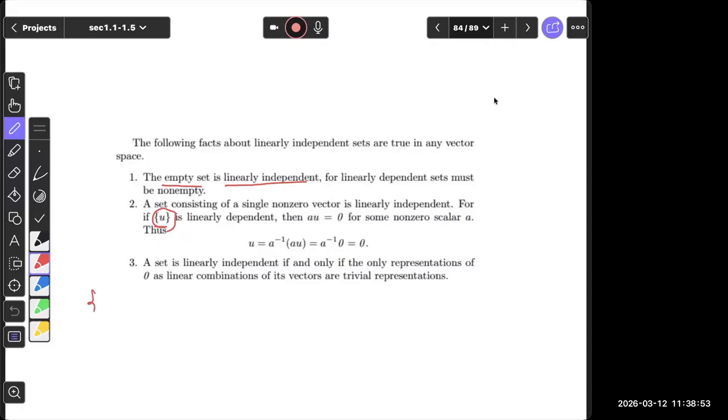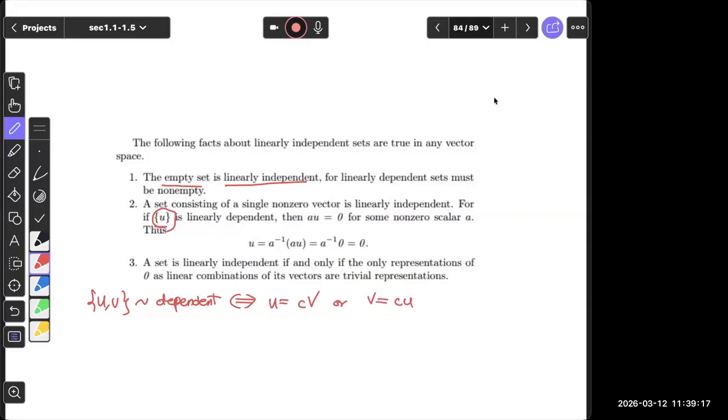If I have two vectors, the set is dependent if and only if u is a multiple of v, or v is a multiple of u.